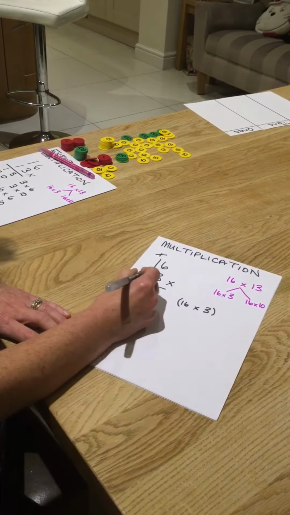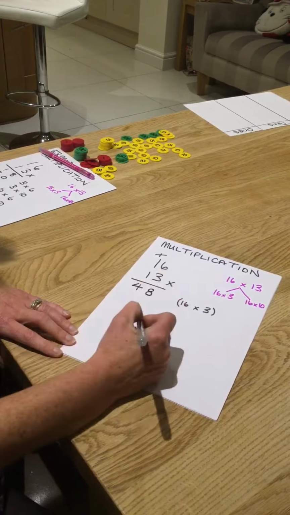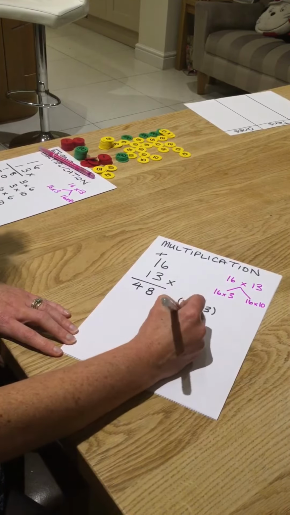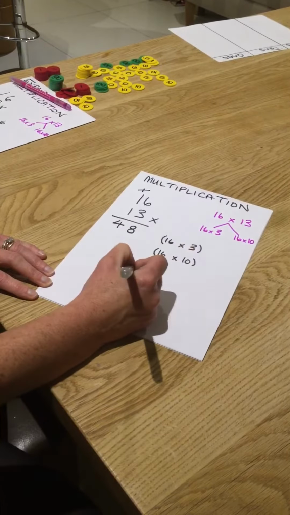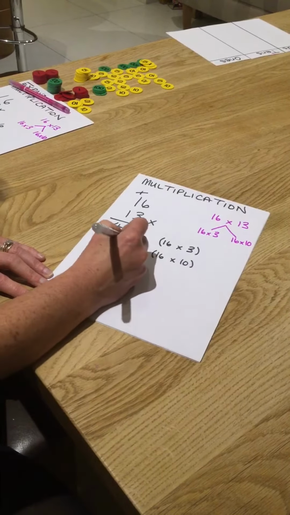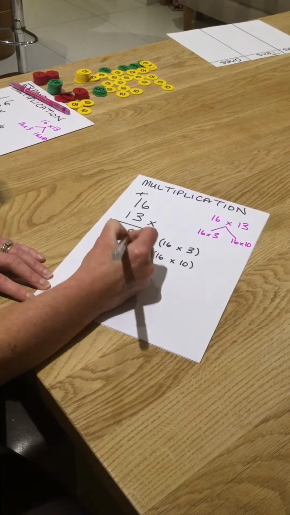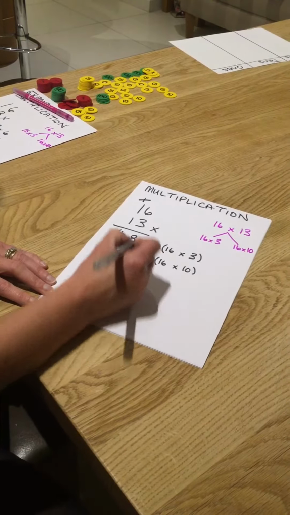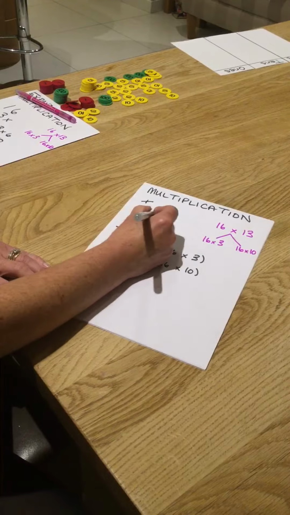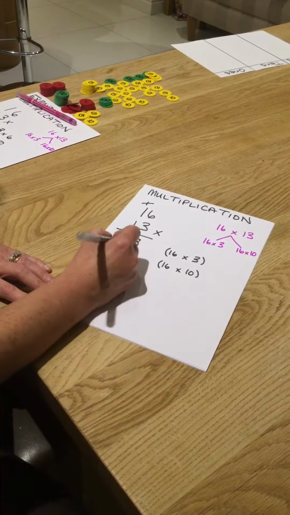Now I'll move on to 10 lots of 16, or 16 times 10. I know that I'm not going to get any ones, so I can immediately put a 0 in that column. 1 lot of 6 is 6.